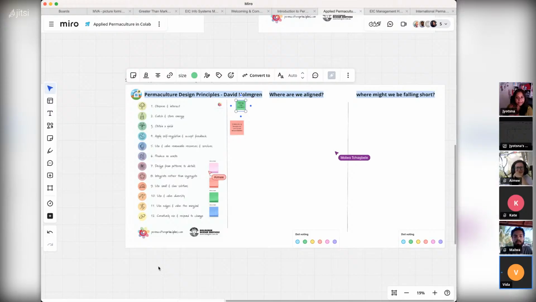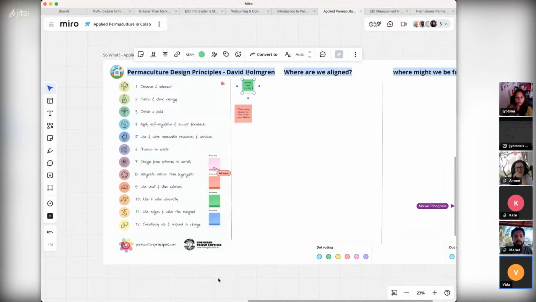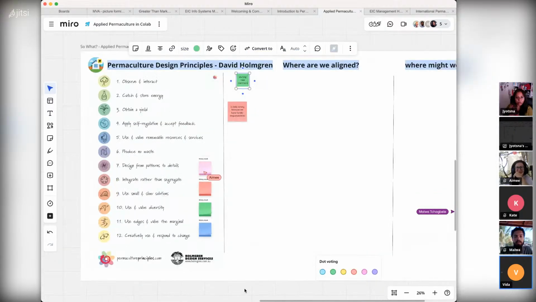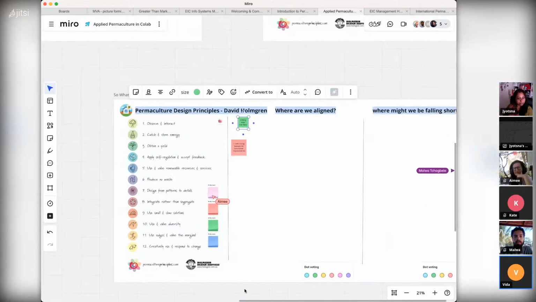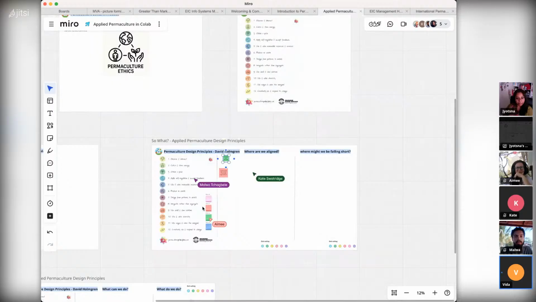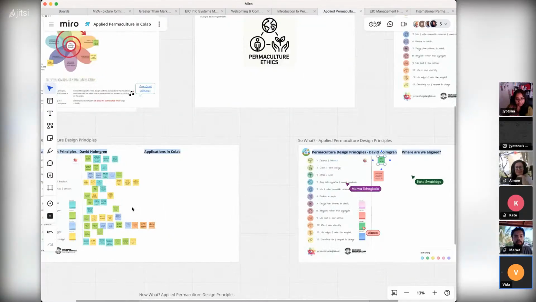I think this is what I meant about examples, and I'm just going to throw this example out because otherwise it feels like we're just copying things from the last board. I don't know if that's what you want from us, but I'm seeing, okay, obtain a yield, number 3, we're very focused on that. From my perspective, we're very focused on that because I'm in a lot of next steps projects. And the next steps projects have a lot of objectives, a lot of reporting, a lot of what is the artifact.